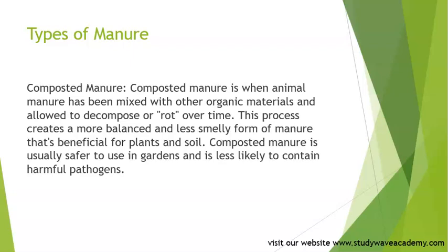So in composted manure, it is when the animal manure has been mixed with other organic materials and it's allowed to stay for some time. That is, the animal poo has been mixed with other organic materials, okay? And when they are mixed, they are allowed to decompose, or let's say rot. This process also creates a more balanced and less smelly form of the manure that is beneficial for plants and soil. You know, animal poo smells.